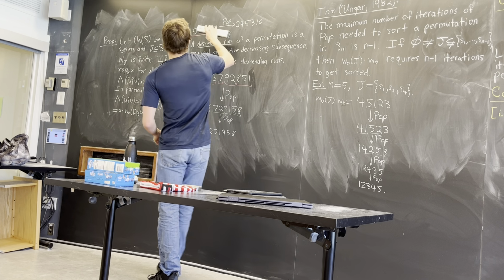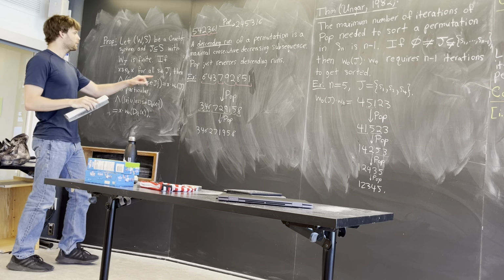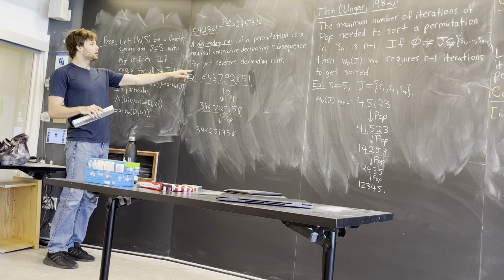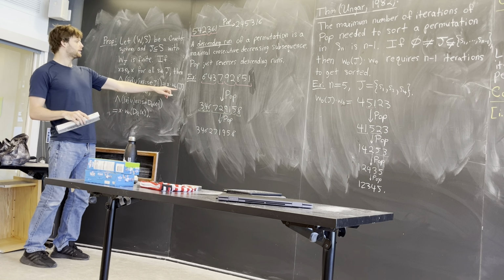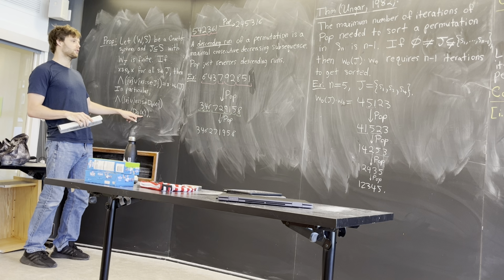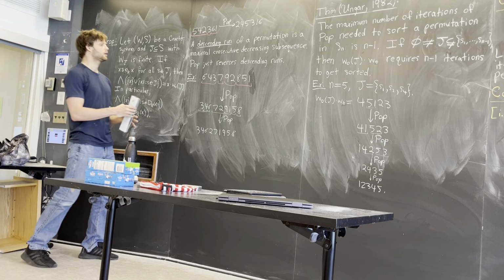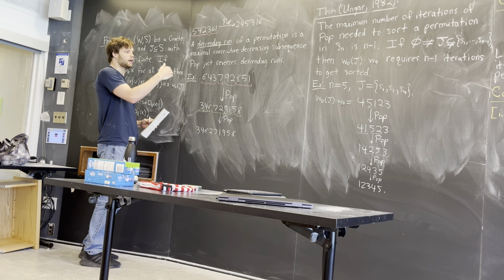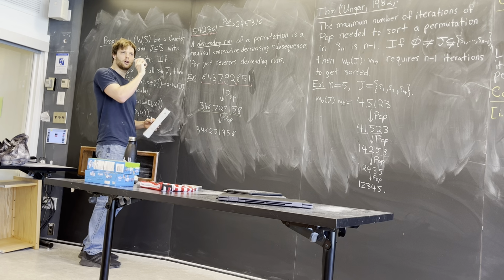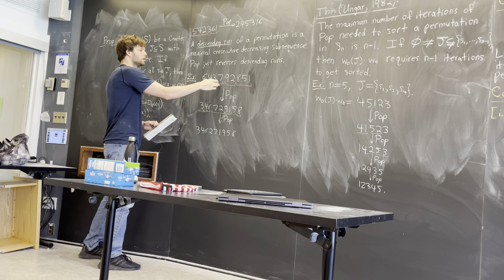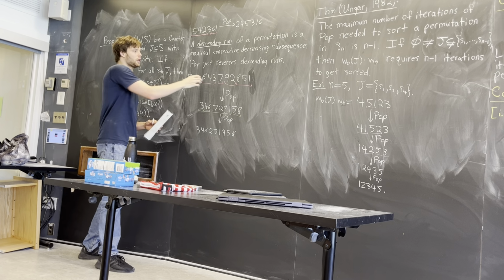Okay, so what am I doing when I do pop? Well, I'm basically multiplying by w naught of the right descent set of x. Because w naught of the right descent set of x is just this thing that reverses all of the numbers that are in these blocks.